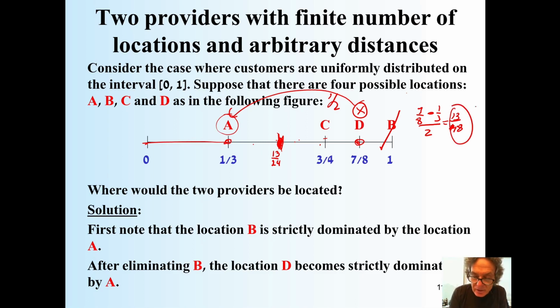Because if I stay at D and you're at A, I'm getting only 13 over 48. How did I get it? I'm looking at the distance of this interval. The distance of this interval is the difference between this and this: 7/8 minus 1/3, and I take half of it, dividing by 2. This is 21 minus 8, 13 over 48. Strictly less than half, okay?